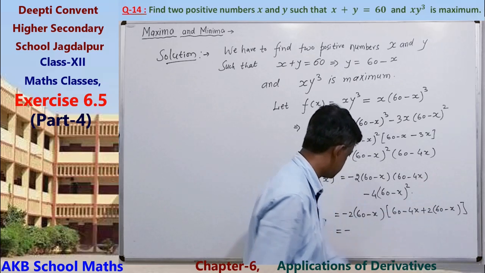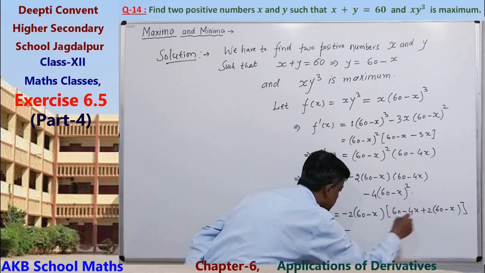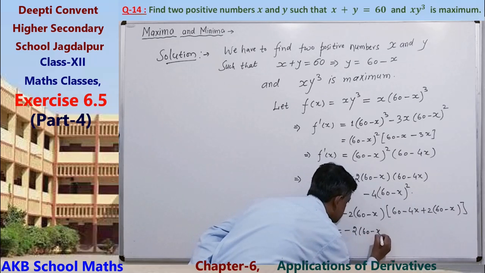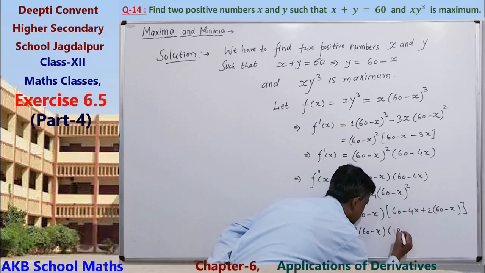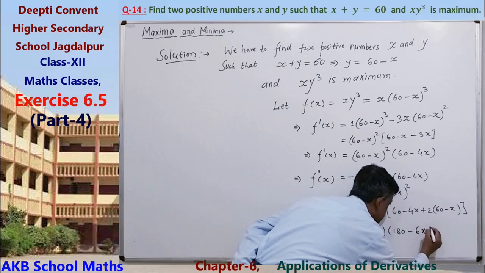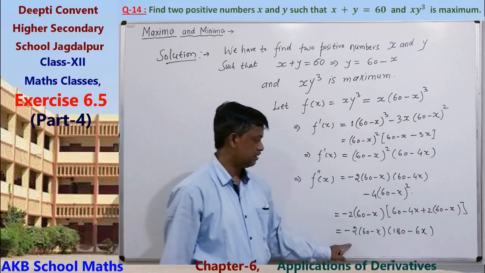So 180 minus 6x, minus 2(60 minus x)(180 minus 6x). Clear? This is the second derivative.